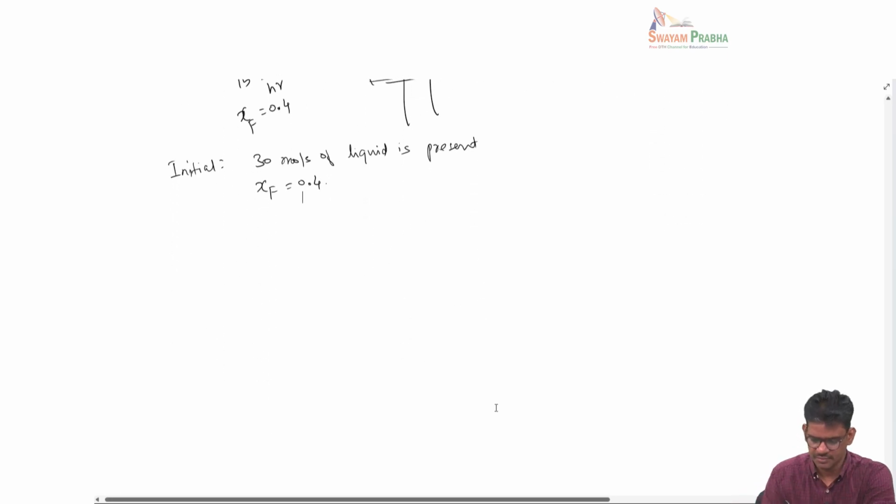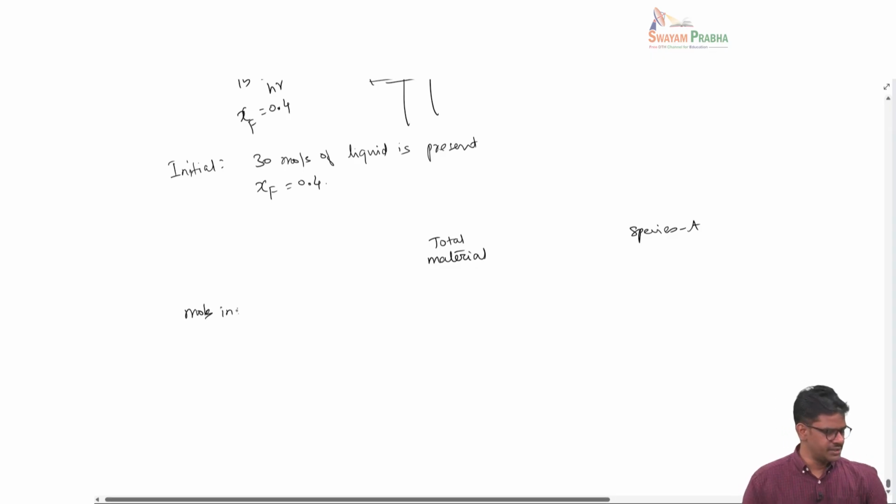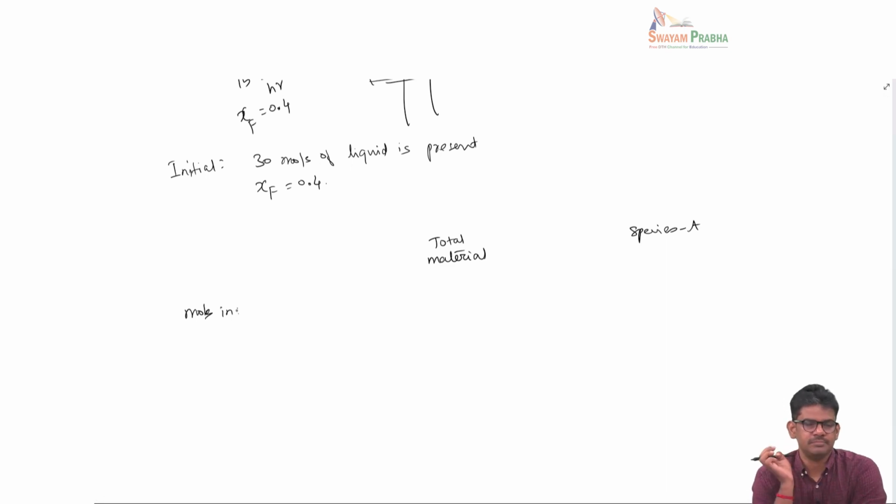So we'll do a mole balance for the total material and for species A, in this case benzene. So now how many moles is actually coming in? This is happening continuously with time, so we have to take a small time interval delta t.